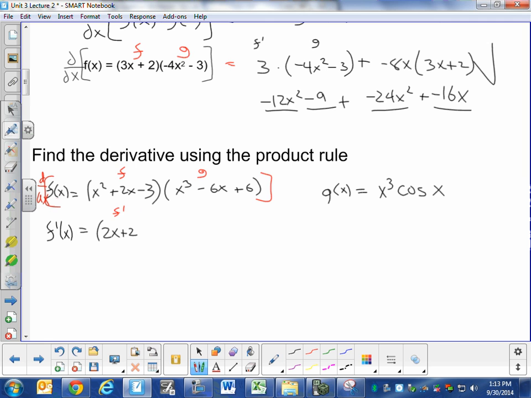That would be multiplied by g. Plus g prime, which would be 3x squared minus 6, just the derivative of my second piece, times f.